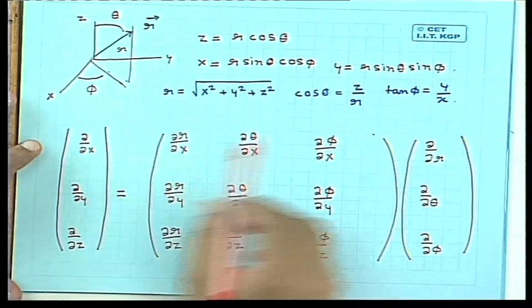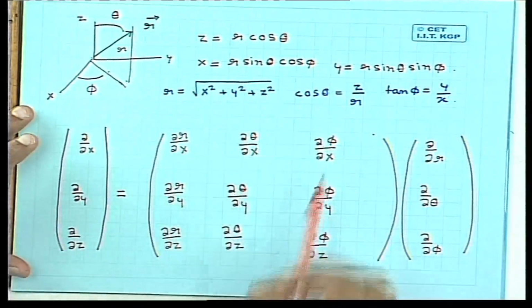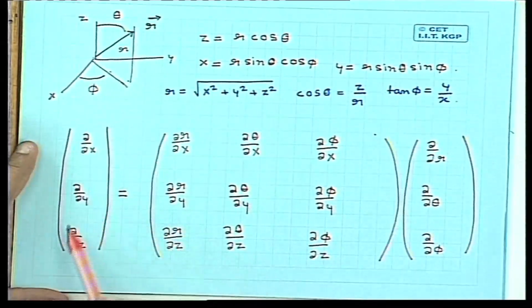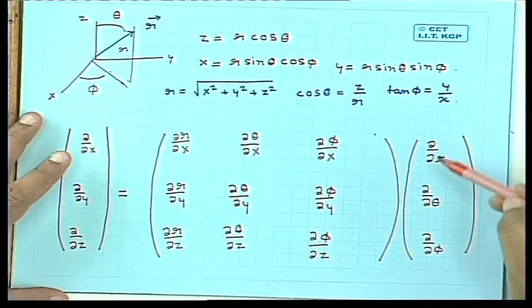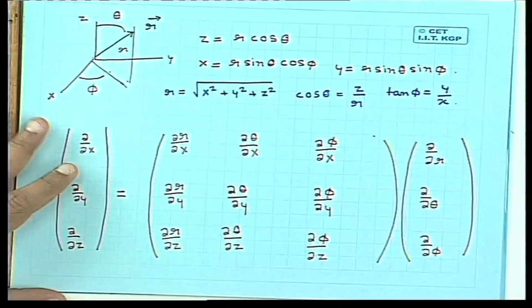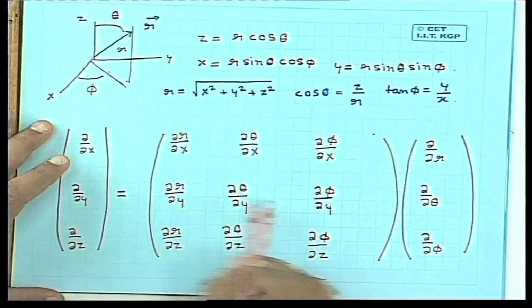So we have to now work out each of these derivatives and put it into this expression, and then we have the relation between del by del x, del by del y, del by del z in terms of the derivatives with respect to r, theta and phi. Let us do it, it does not take us much time to do this. So let us work out each of these one by one.